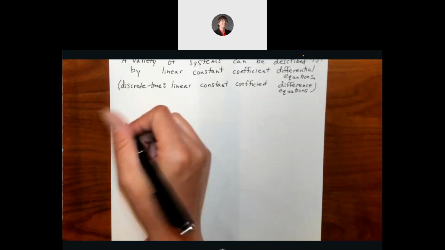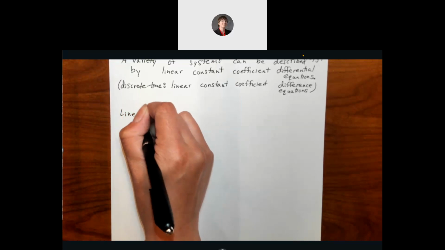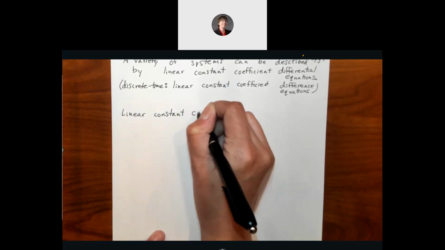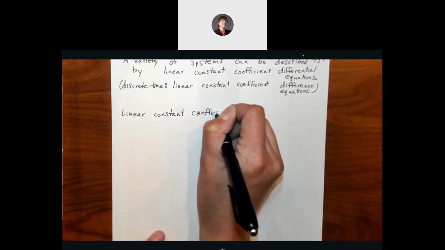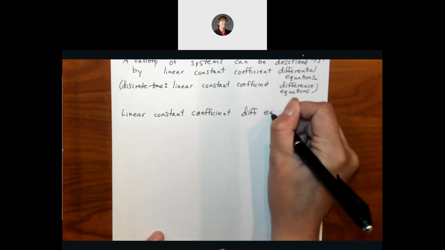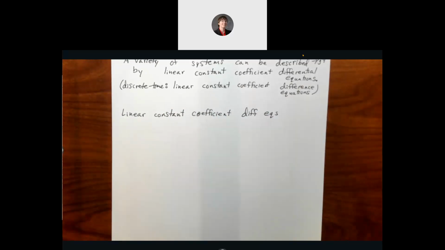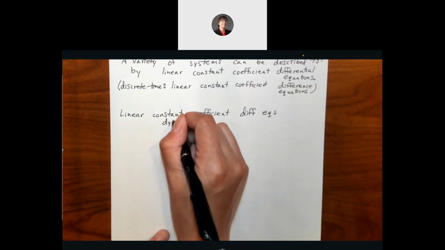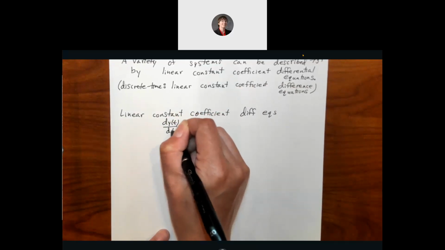So our linear constant coefficient differential equations, those are going to be of the form, maybe something like what we saw before.